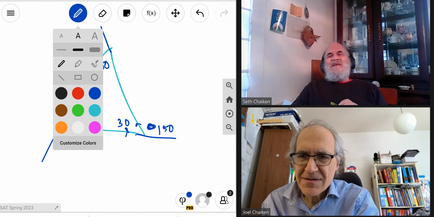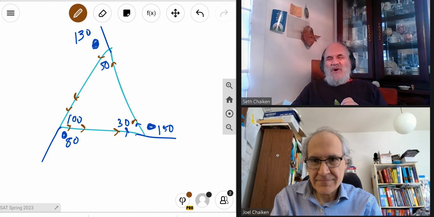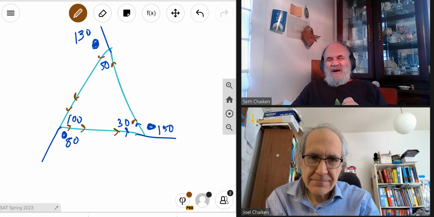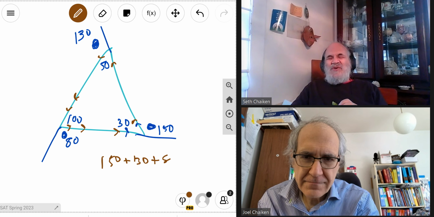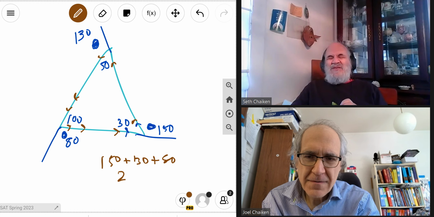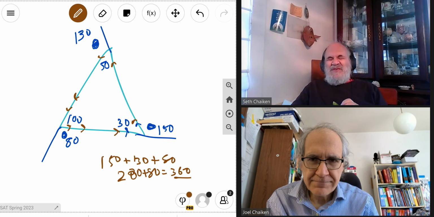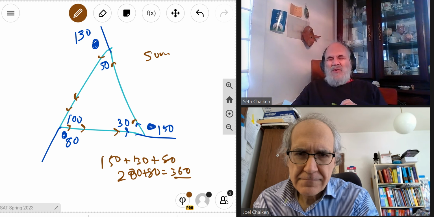And it even applies to non-convex polygons, provided that you track the algebraic sign, whether an angle of turn is positive, which is counterclockwise, or negative, which is clockwise.